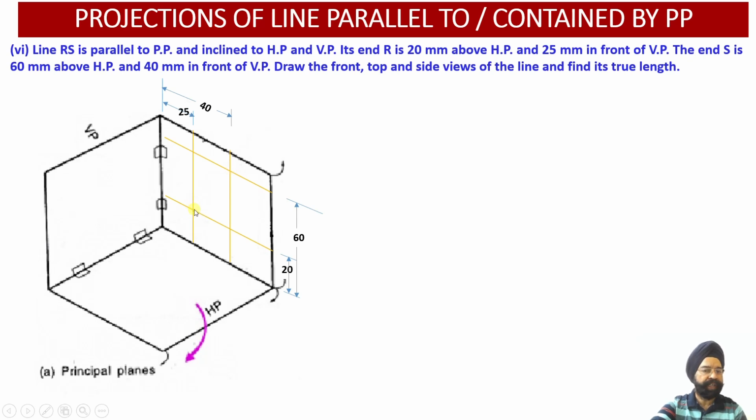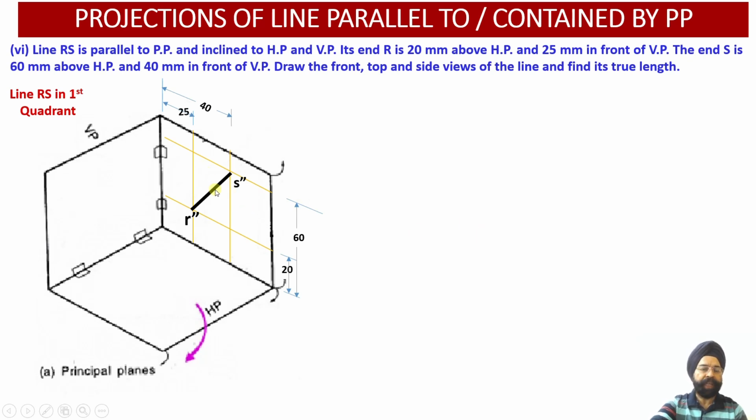R was located here, 20 millimeter above HP and 25 millimeter in front of VP. Let us join these two points, R double dash and S double dash. This is the true length of the line, because it happens to be lying in the profile plane, or it is parallel to the profile plane.